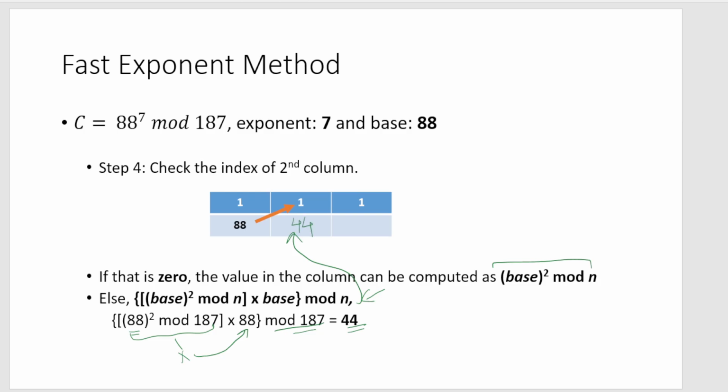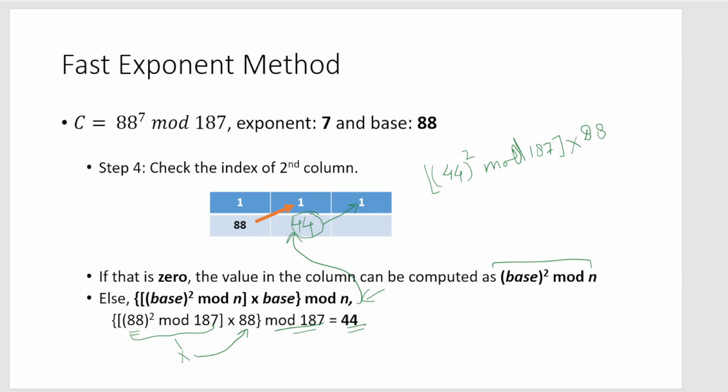Okay. Now the next thing is again check what is the index of the second column. Now what you have to do, you have to take 44, square it, mod of 187. This is the first thing you do. Then again you multiply whatever value you get with 88, the initial base. Not this, this is the intermediate value.